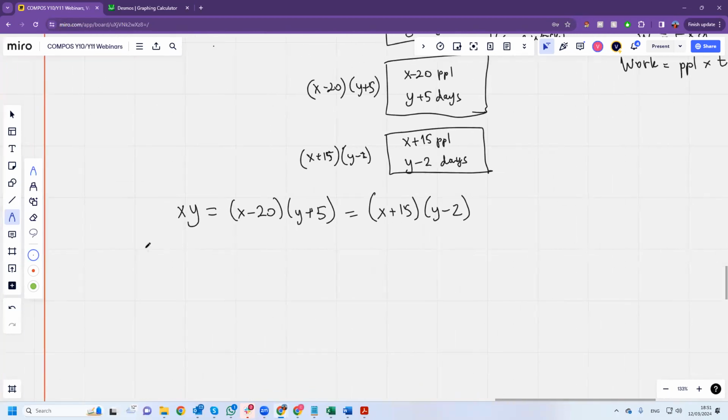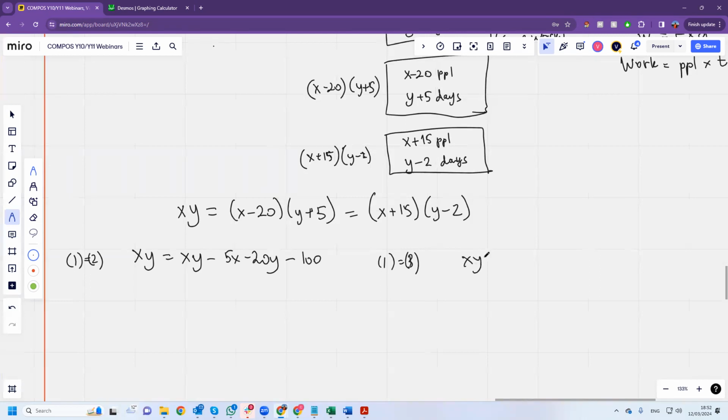You can write this out as xy equals, well, let's open the bracket. xy plus 5x minus 20y minus 100. And you can take the first and second. And now you can take the first equals third. Take the first and third.